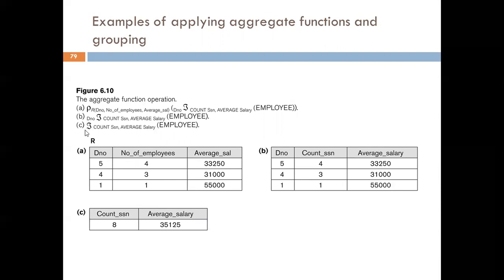If we group by department number, then we will get the department number column followed by its values, number of employees and average salary. If we don't group, then count will be done on the entire employee table and average salary is written. Only one row will be present in the result, which you can observe in table C.